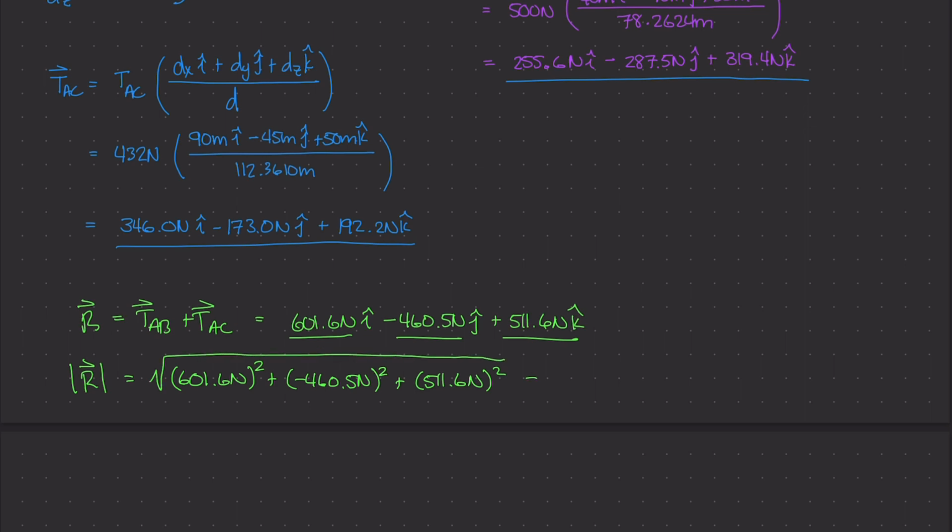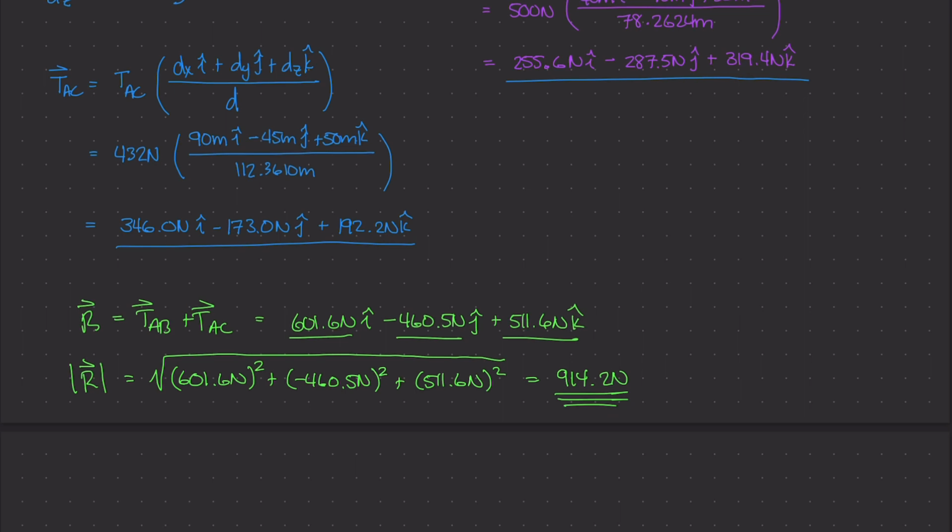Now, if we do that, we get a value of 914.2 newtons. So that is the magnitude of this resultant vector for TAC plus TAB. Now, that's great. We figured out one part of the problem.